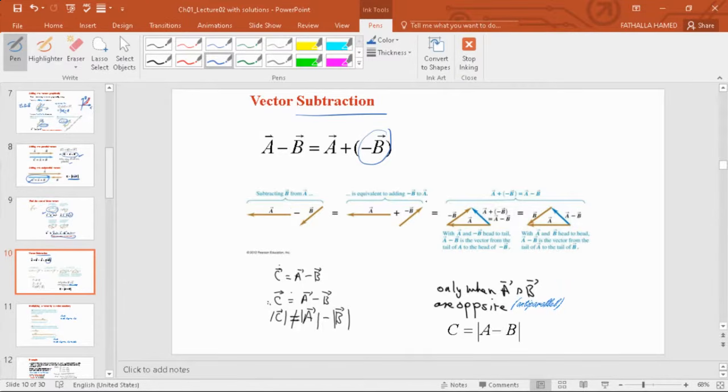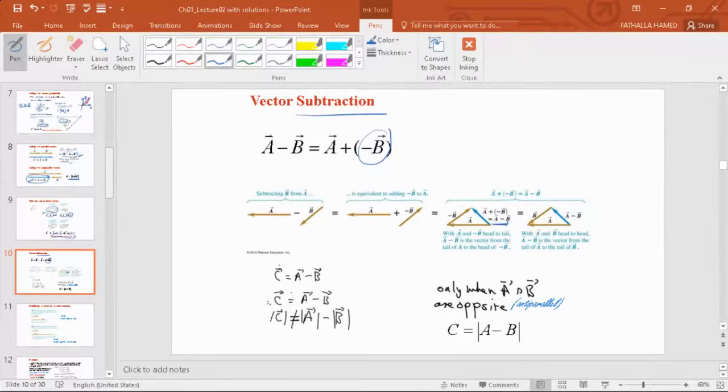Well, I will invert B first, and it's equal to minus B. And I'm going to add minus B to A. And you know the rules: you always take the tail to the head. That's why you bring the tail here to the head of A. And what you have now is A plus minus B, which is equal to A minus B.